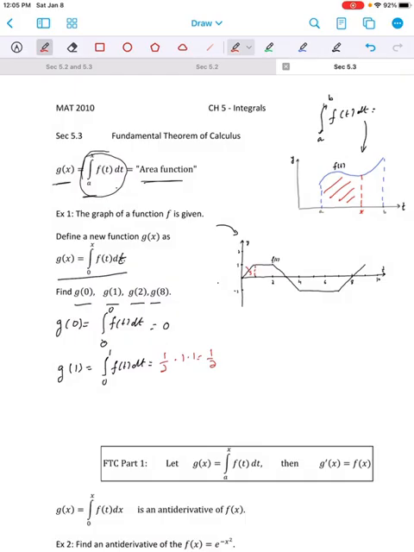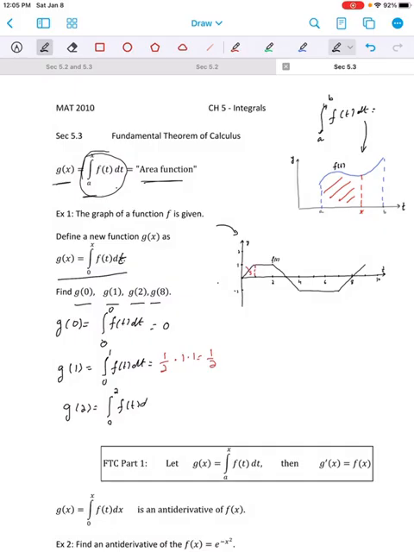And then we are going to look at the next value, which is g of 2. So g of 2 is the integral from 0 to 2 of f of t dt.